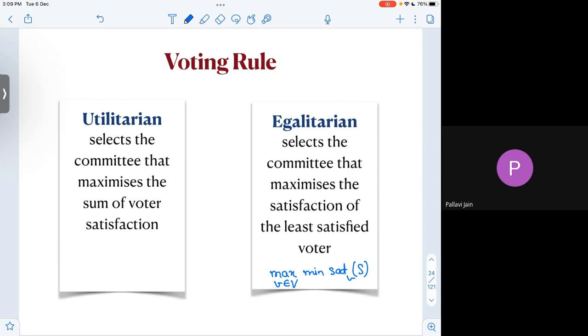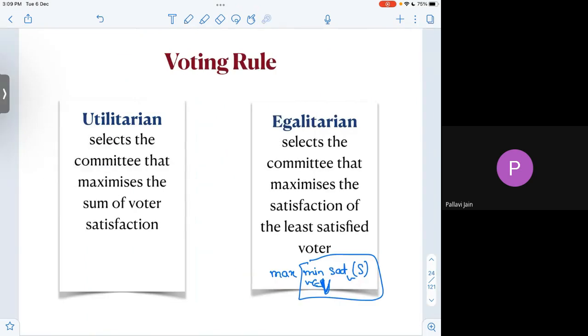On what set are we taking the minimum? Sorry, this min is over v belongs to V, and this is the thing that you want to maximize.